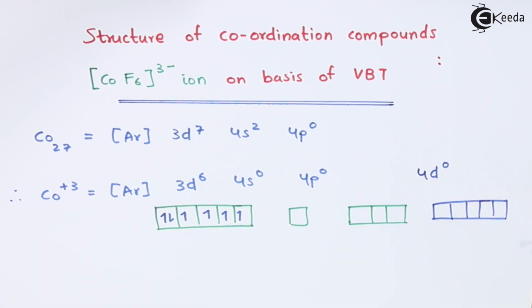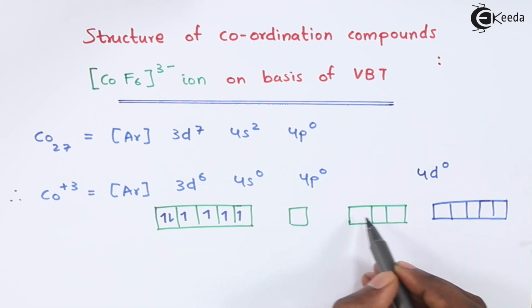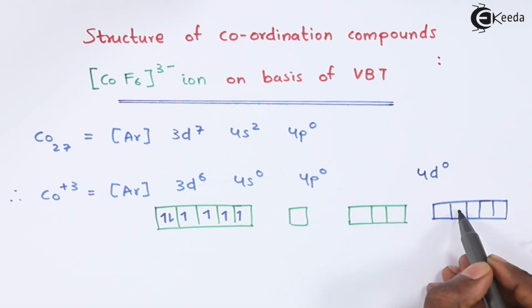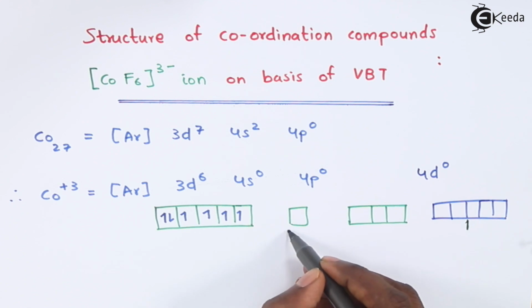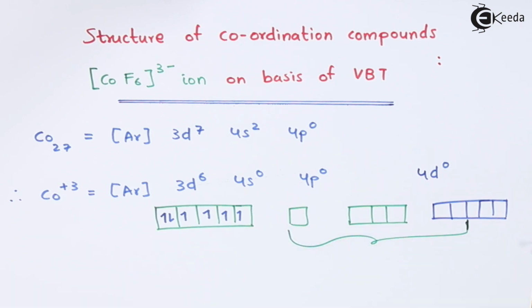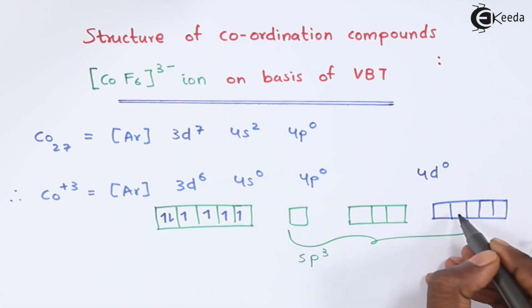Now we have 1 2 3 4 5 6, so 6 empty orbitals, of which 1 belongs to s, 3 belong to p, and 2 belong to d.